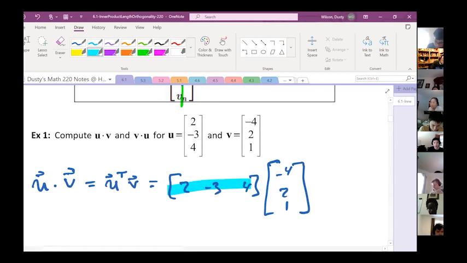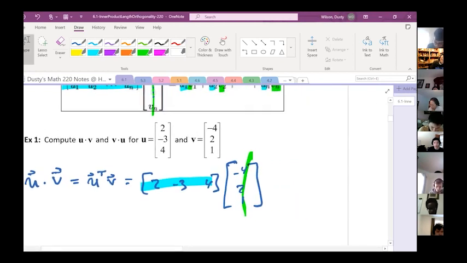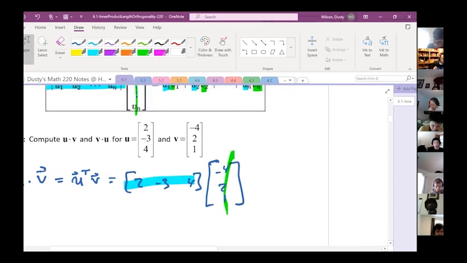Here's the blue one. Here's the green one. And you multiply the corresponding entries and sum. And so you're going to get, I think, -10. And it would be -10 inside the brackets, but we're going to save ourselves a little bit of writing and skip those brackets.